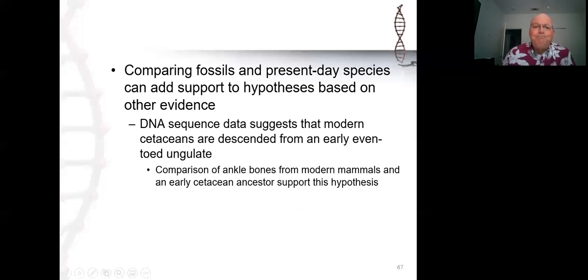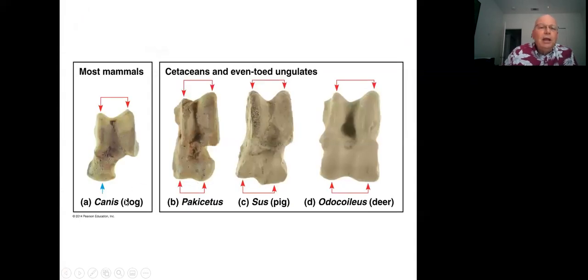Not that they show a whole lot in the first place. Sometimes we can see evidence in the fossil record that shows relationships that we might consider to be really unusual, but today, with our DNA evidence, we can actually demonstrate that the fossil evidence is absolutely correct. So when we take a look at the ankle bones of what are known as artiodactyls, these are even-toed ungulates.